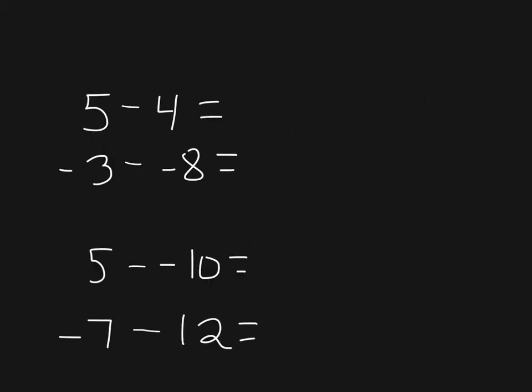Okay, now we'll look at some examples without the aid of the algebra tiles. As we said before, subtracting means add the opposite. So 5 minus 4 means I add negative 4. Now I can see I have different signs.